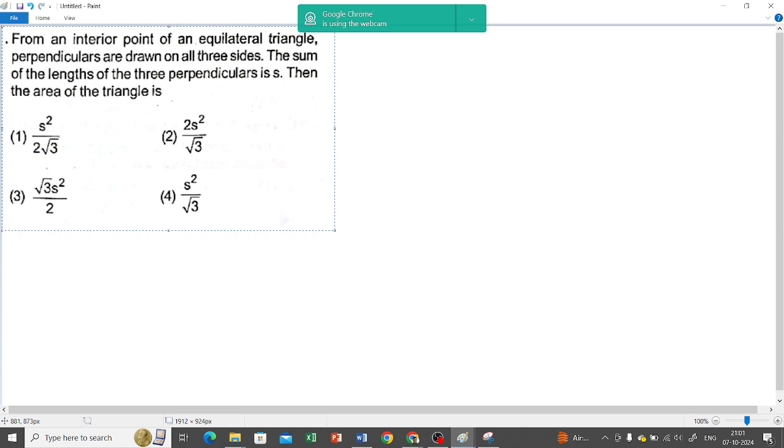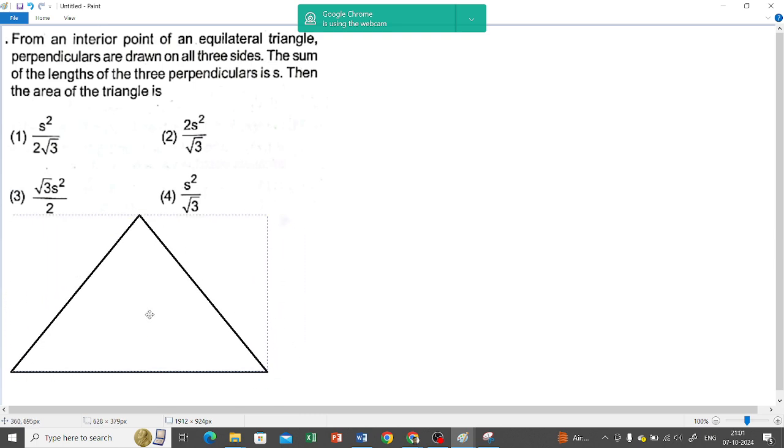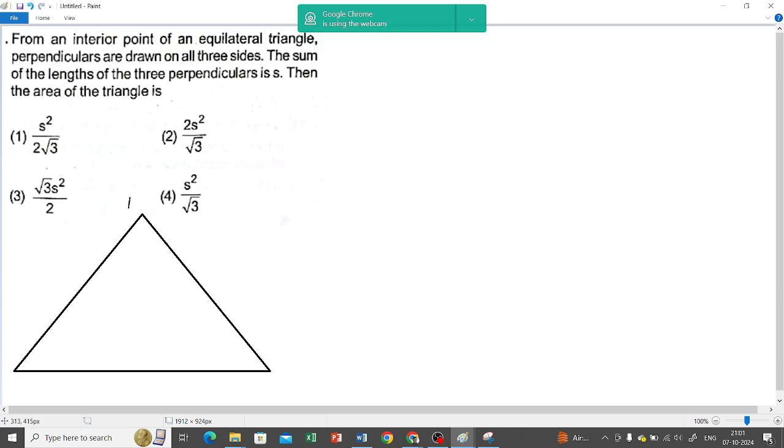Try this out and then I'll do. From an interior point of an equilateral triangle. ঠিক আছে, একটা equilateral triangle বানাই। ঠিক আছে, ইন্টিরিয়ার পয়েন্ট ধরো এটাকে ধরলাম। From an interior point of an equilateral triangle, this is the interior point, say O. Perpendiculars are drawn on all the three sides.